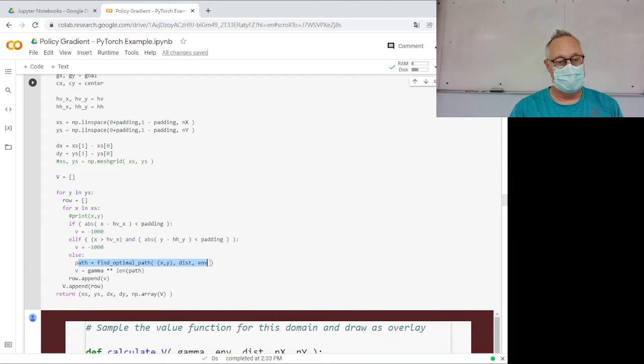Otherwise, I find the optimal path, and because the optimal path doesn't run into any walls, and it will receive 1 at the very end, the valuation would be gamma to the power of the length of the path, because we want to decay by gamma. Then I append that value to the row and build up the table that way.